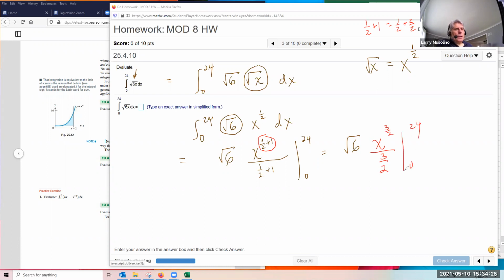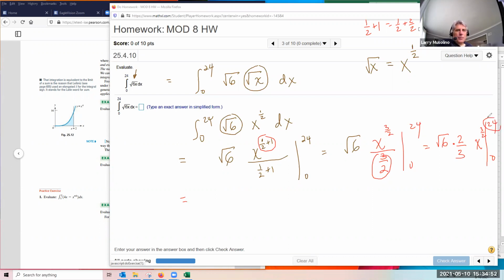But remember, whenever you divide by a fraction, you're allowed to take the fraction and flip it upside down and change it to a multiplication. And we're going to have 2/3 times x to the 3/2 evaluated from 0 to 24. All right, so now I'm just going to work this out.